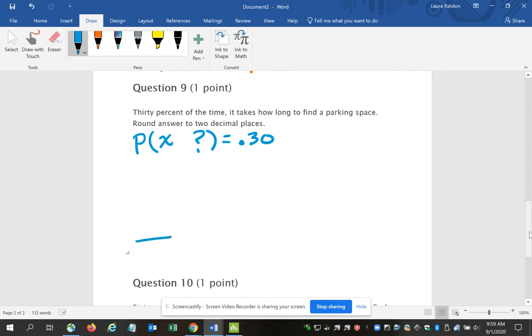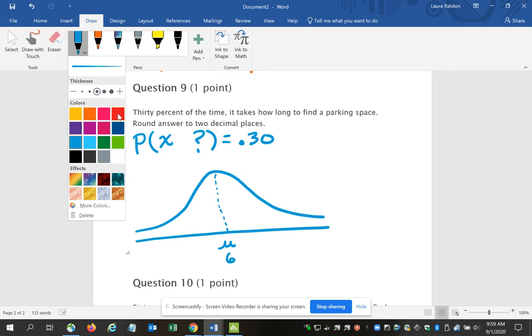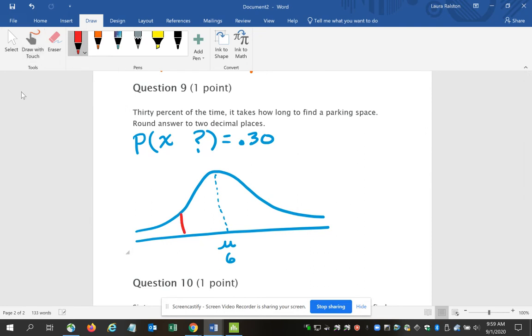So I'm going to draw my picture here. Again, you have your horizontal axis, your bell-shaped distribution. The mean is still in the middle, which is 6. And this time I already know the area of the shaded region is 30%. Now I know that 30% is going to be on the left-hand side, because remember the mean is in the middle.